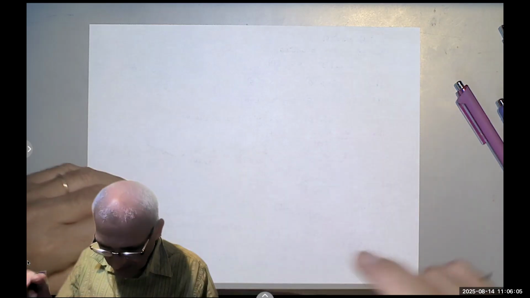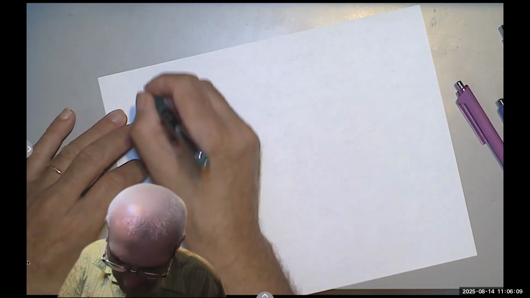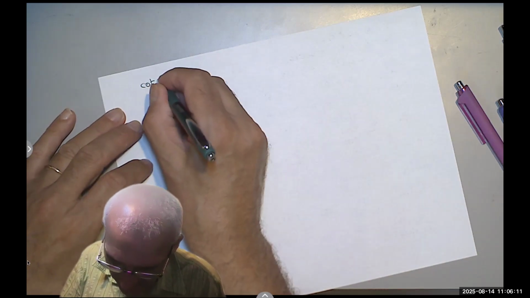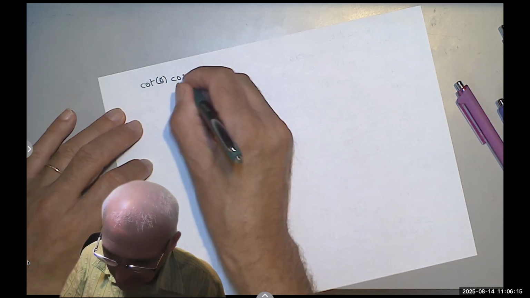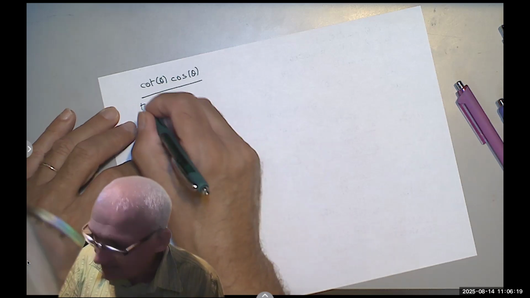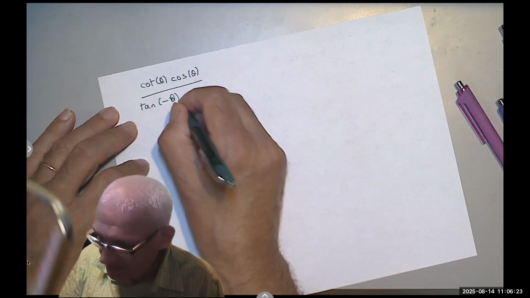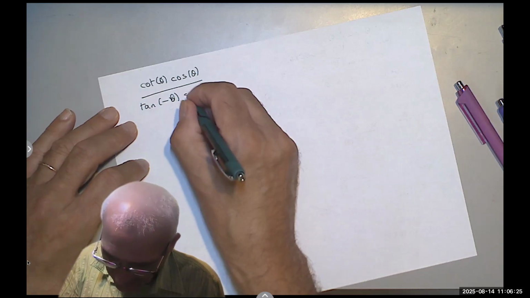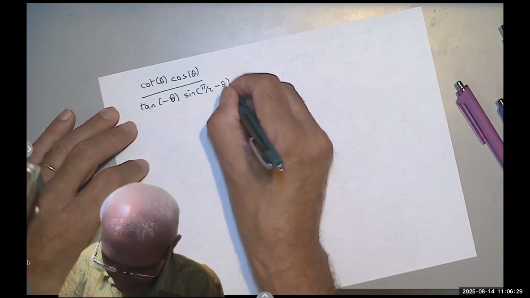Okay, the last one, I wrote it down. It says, simplify cotan theta times cosine theta over tan of negative theta times sine pi over 2 minus theta.